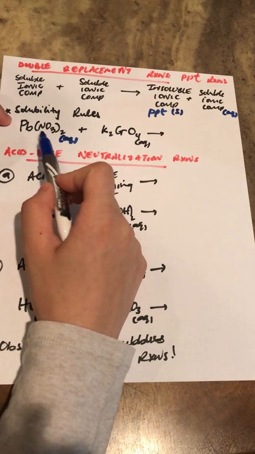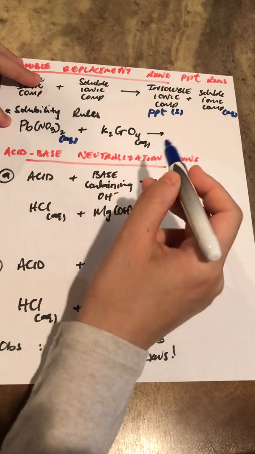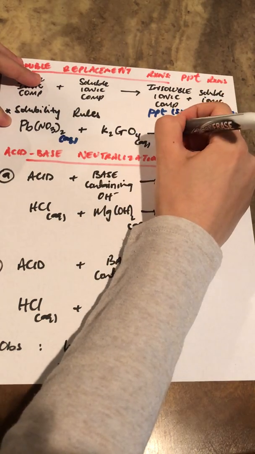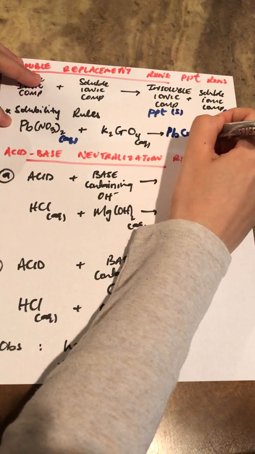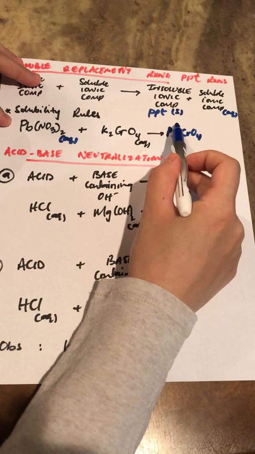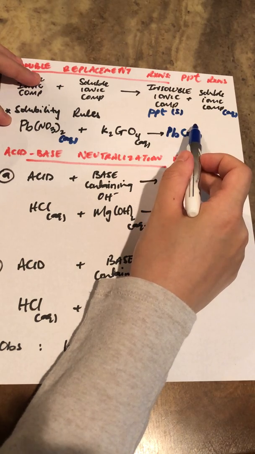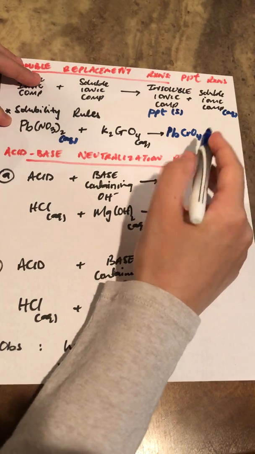So since lead is paired to nitrate over here, lead now is going to be paired to the chromate. Okay, so our first product is going to be lead 2 chromate. Okay, and that would be our formula. Keep in mind, lead has a charge of +2 and chromate has a charge of -2. This is why we're not going to have any parentheses and no subscripts.